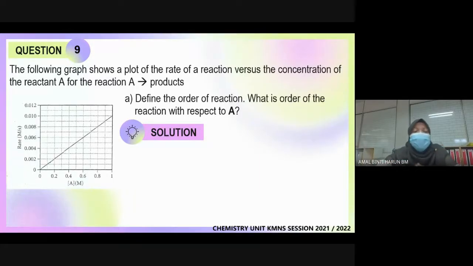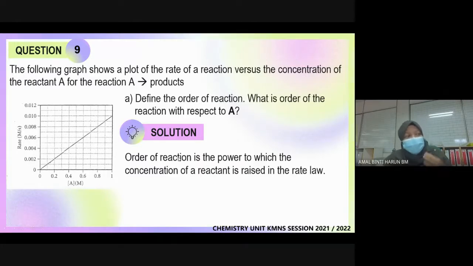Right. Okay, for question number 9, we have the graph given is the rate versus concentration. So, define the order of reaction and what is order of reaction respect to A. Order adalah the power to which the concentration of a reactant is raised in the rate law.